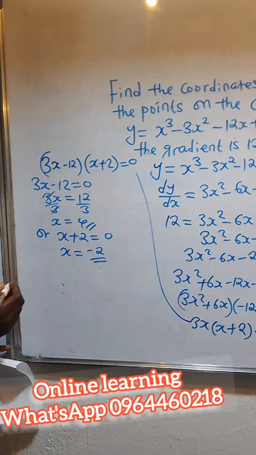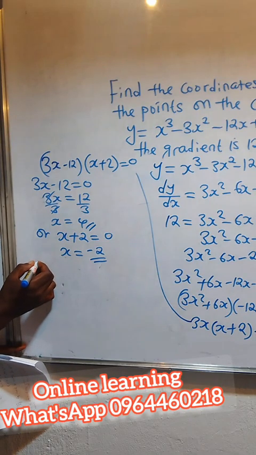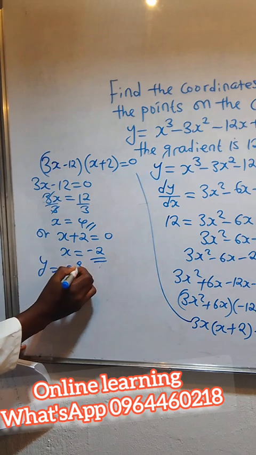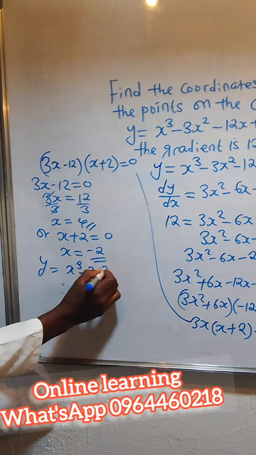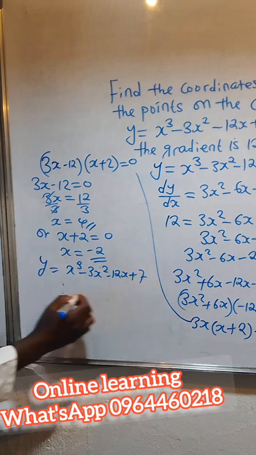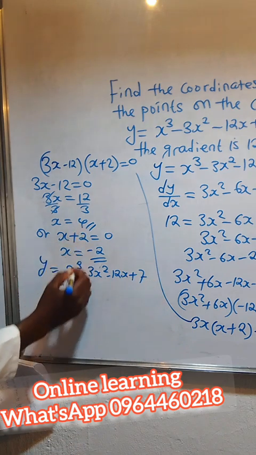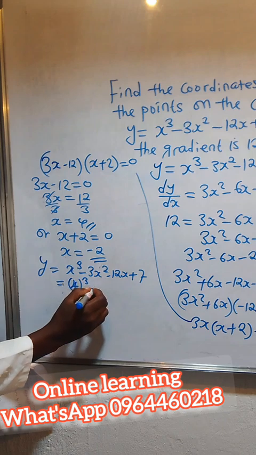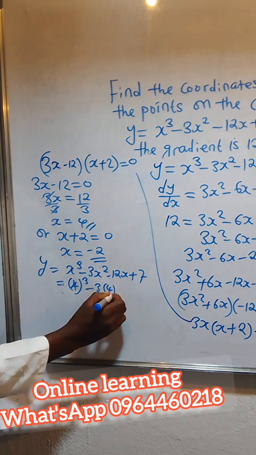So y equals x to the power 3 minus 3x squared minus 12x plus 7.